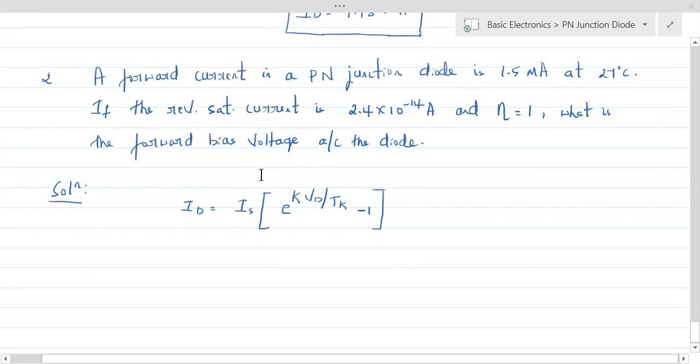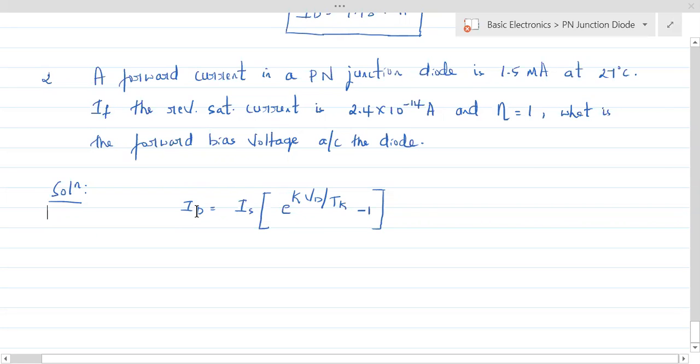In the equation, we call this the diode current, but the forward current, what is the diode current, is something that you need to know. So why are they calling it the forward current? Because this is the current that would flow when this VD is positive. So what is that positive applied voltage, or the forward bias voltage, to have this ID as 1.5 milliamps is what they're asking us. Get that point?